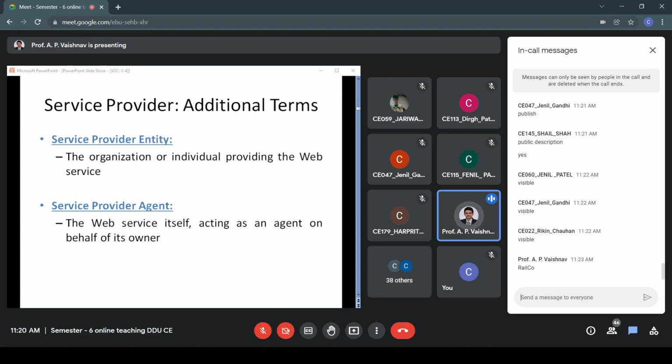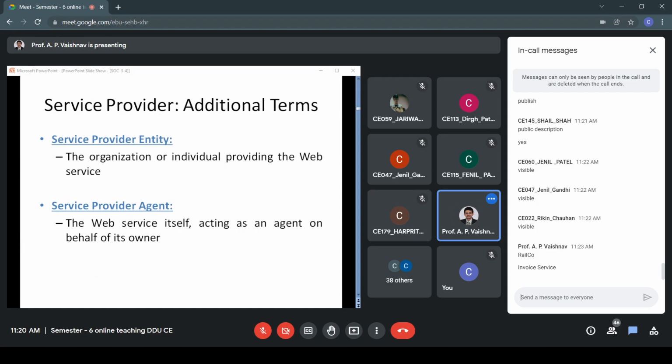So if Railco is supporting invoice service, I can say that Railco is known as provider entity, because that company is actually providing you the service, right? But the invoice service itself is called provider agent, right?